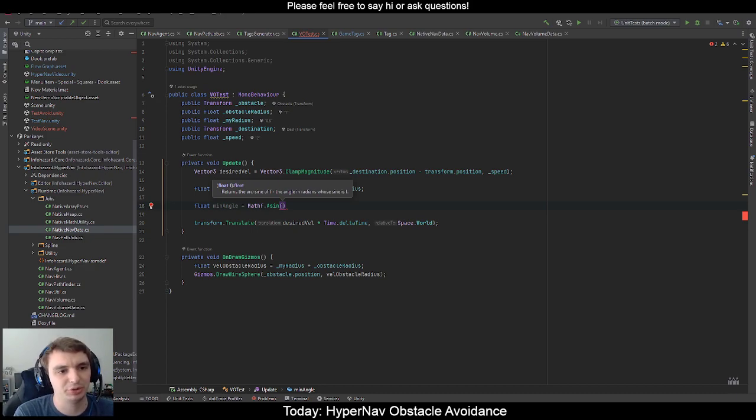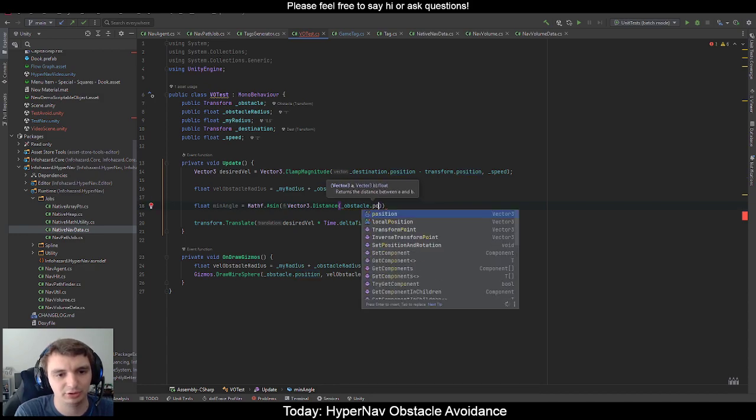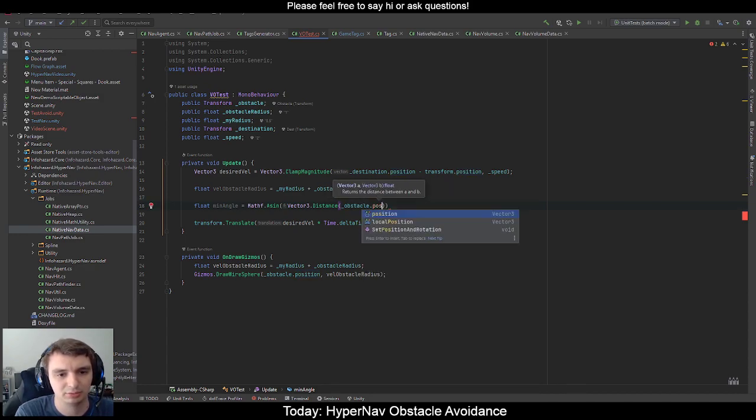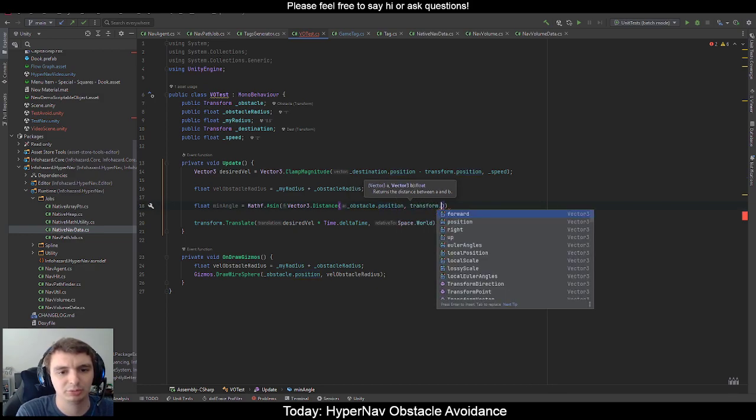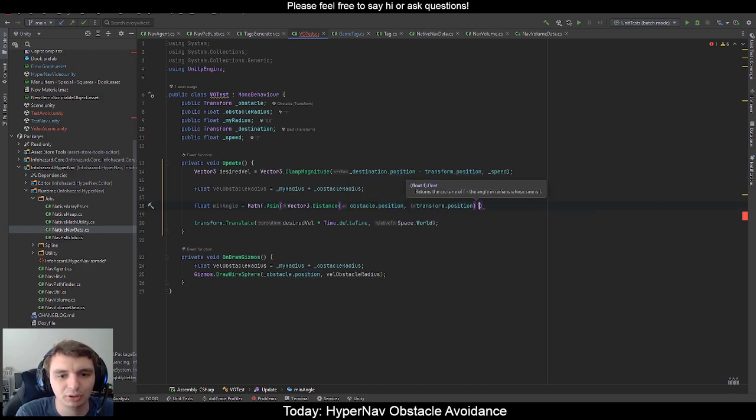So r is going to be the distance between the two positions. So that's Vector3.Distance between obstacle.position, since it's already a transform now, and transform.position, over... oh no, it's r over x. So we do the velocity obstacle radius over that.